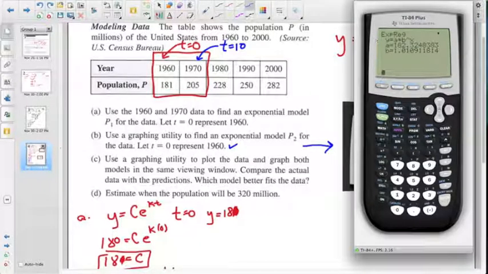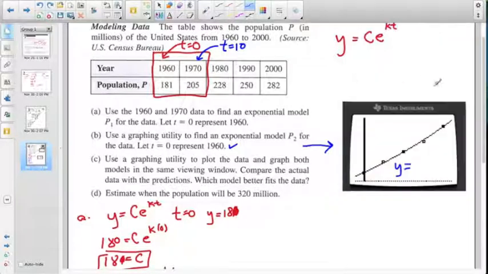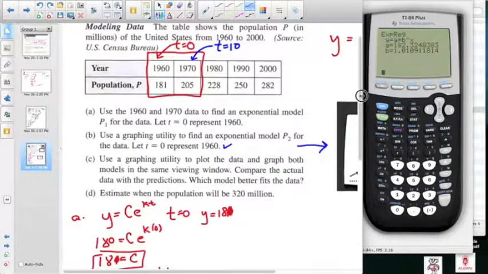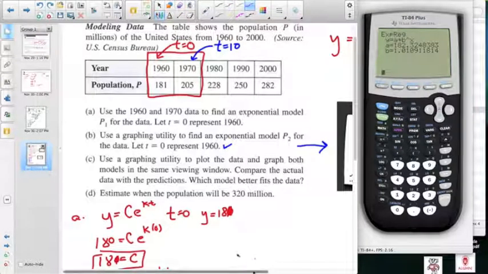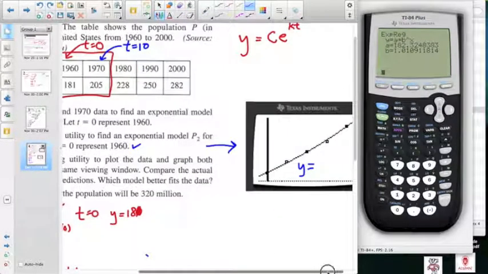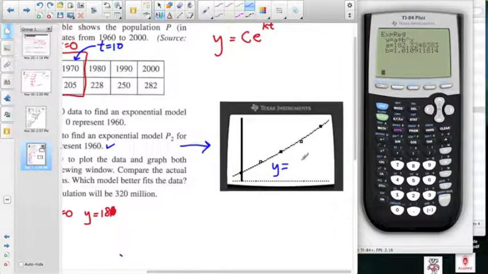And so here is the actual relationship we came up with. So it really is a 182.3, oops, I wrote that wrong.